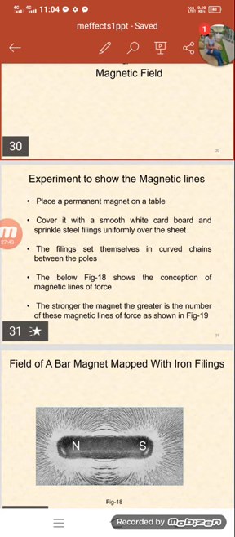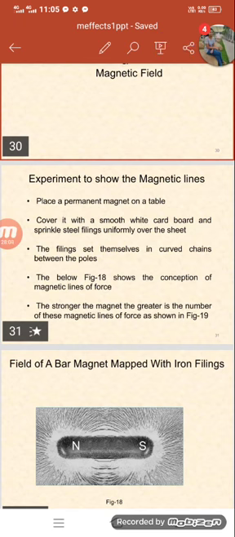Now suppose we are placing a permanent magnet on the table. Cover it with a smooth white cardboard and sprinkle steel filings uniformly over the sheet. The filings set themselves in curved chains between the poles.